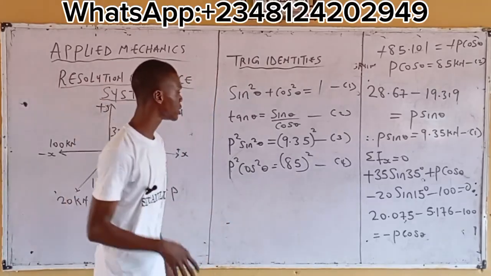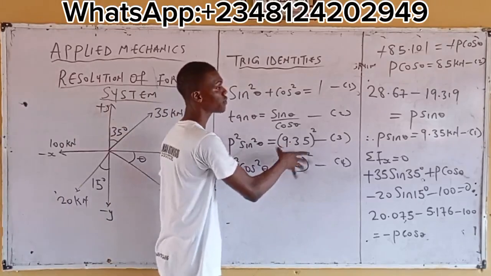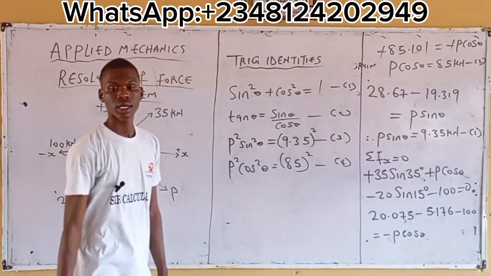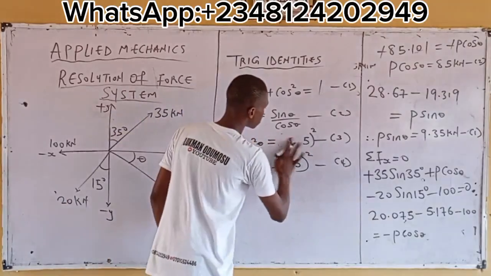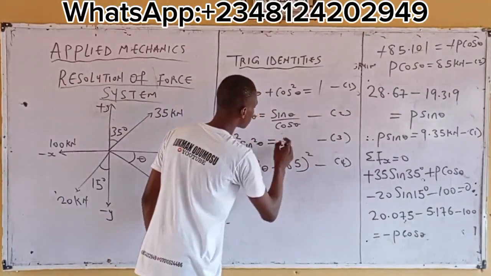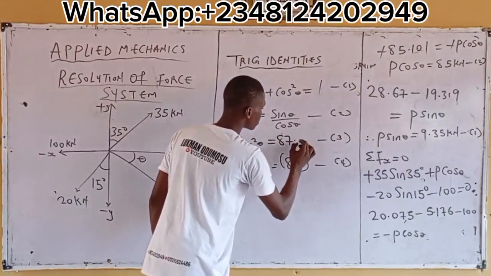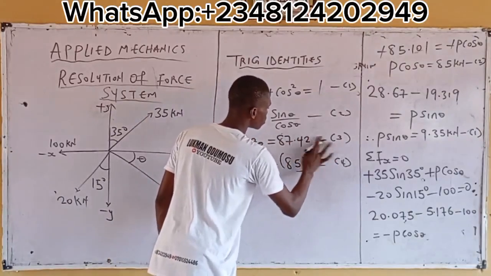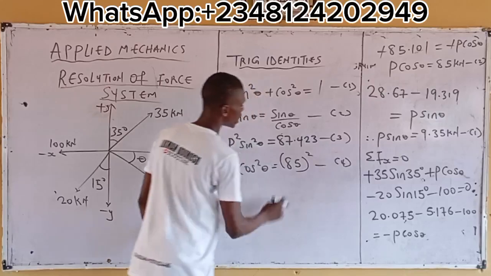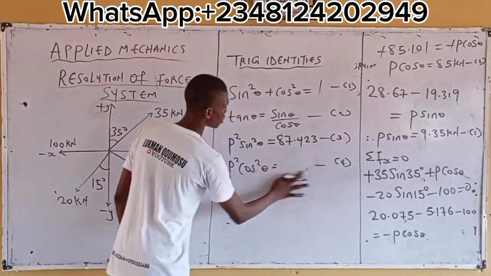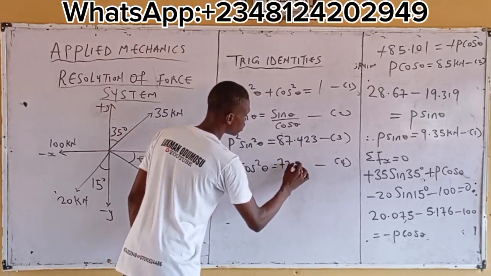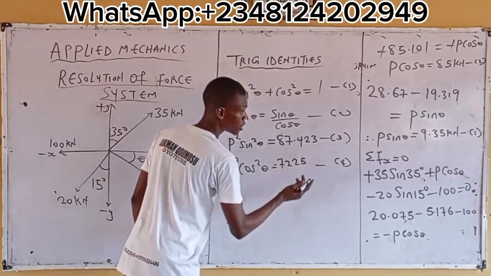But before adding, let's get the magnitude. 9.35 square is what? 87.423. So in place of this, let's put 87.423. Then 85 square is what? 7225. Is that all? Yeah.